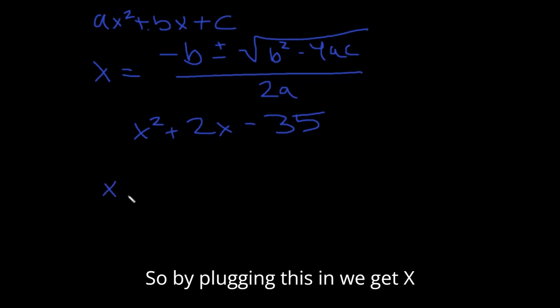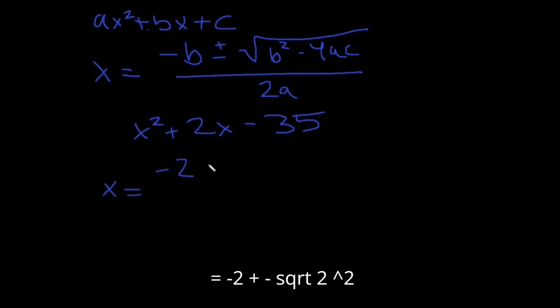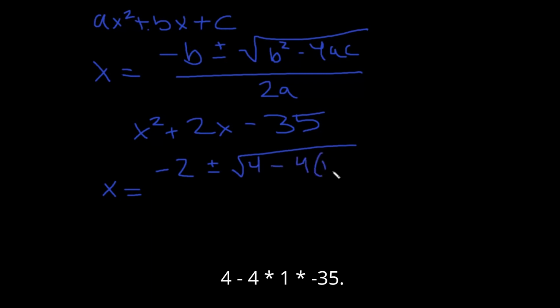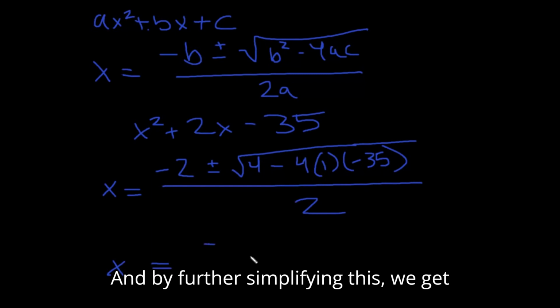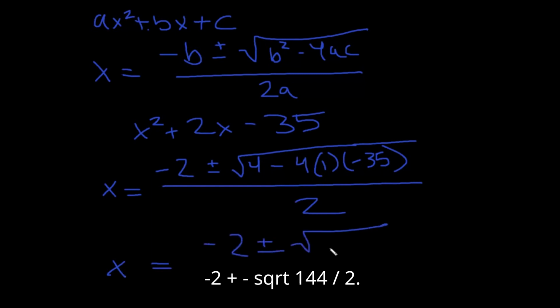So by plugging this in, we get x equals negative 2 plus minus the square root of 2 squared, which is 4, minus 4 times 1 times negative 35, over 2. And by further simplifying this, we get negative 2 plus minus the square root of 144 over 2.